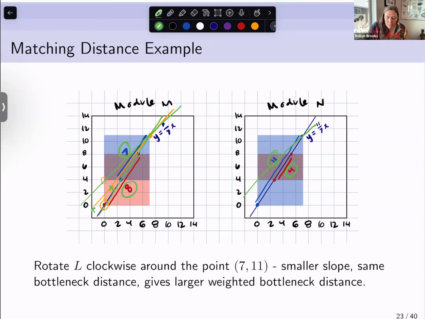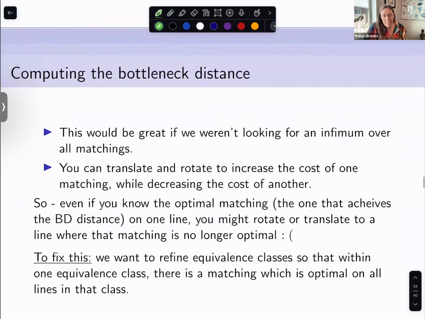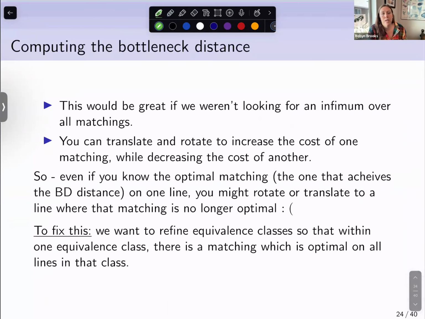So this is the issue with our framework in generating equivalence classes using just critical parameter values. We can make sure to not decrease the cost of a fixed matching, but the weighted bottleneck distance is an infimum over all matchings. So even if we know the optimal matching, we might rotate or translate to a place where that matching is no longer optimal, and then you don't know which way to translate or rotate.